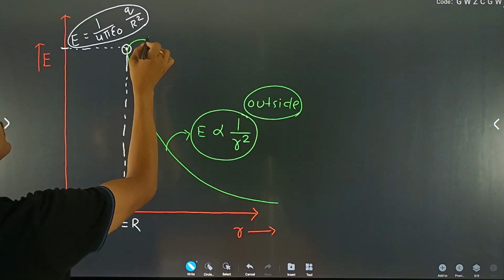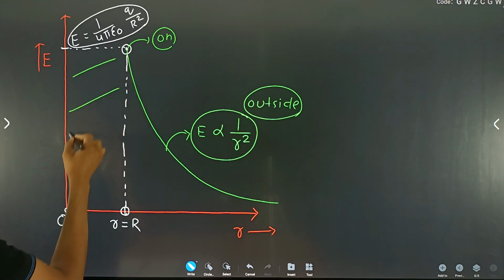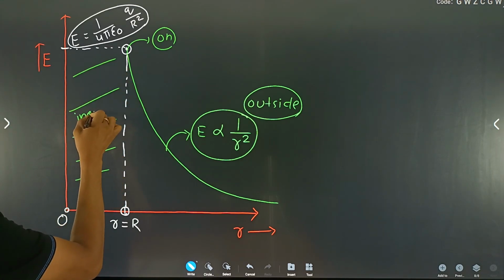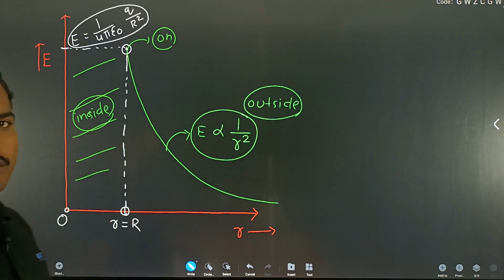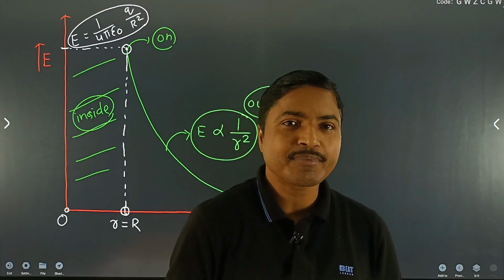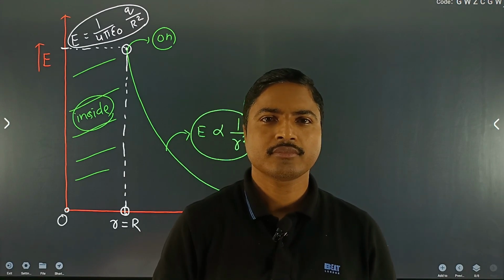This point is on the thin spherical shell, and this region is inside, where the electric field is 0. This is all about your third application of Gauss law. Clear? And thank you.